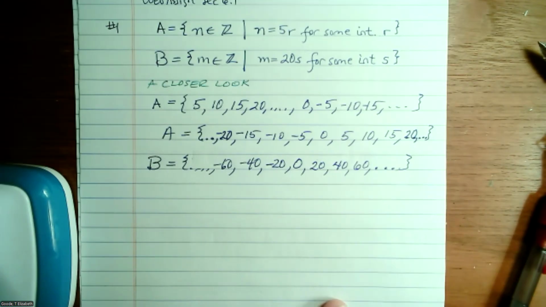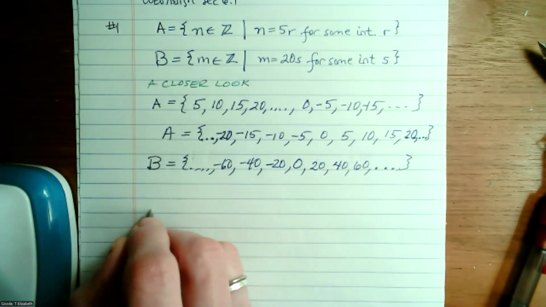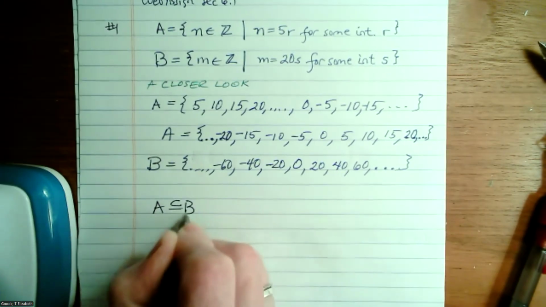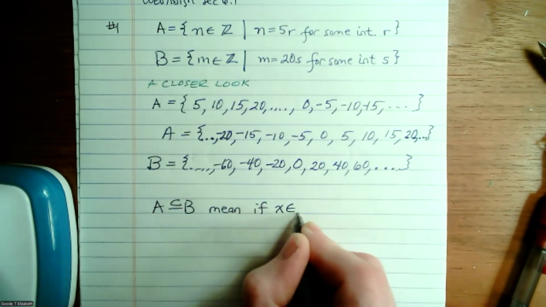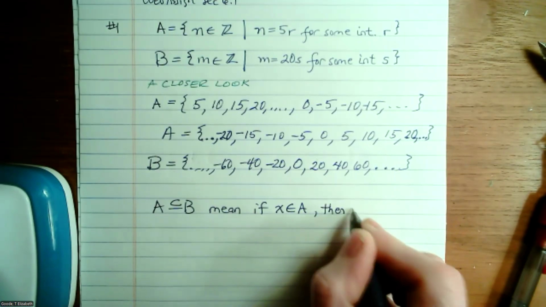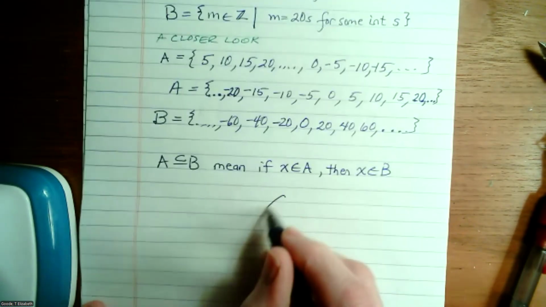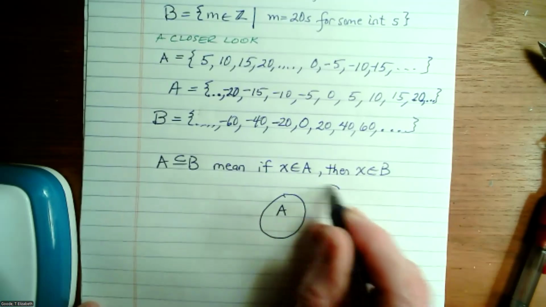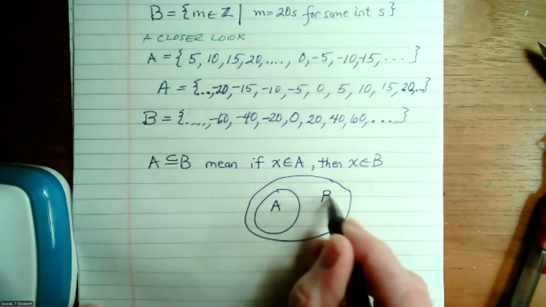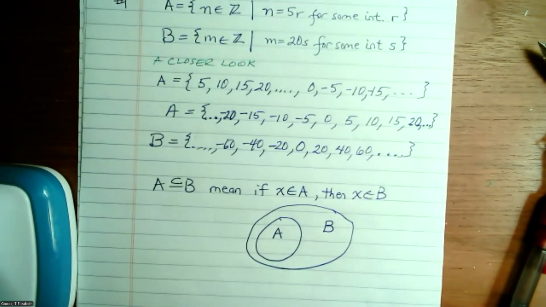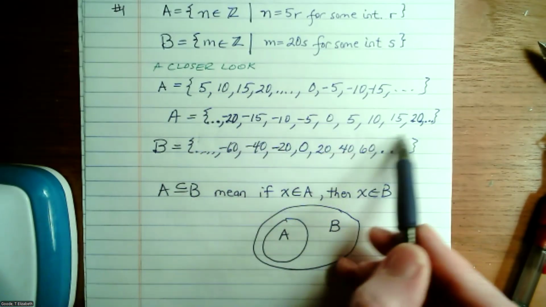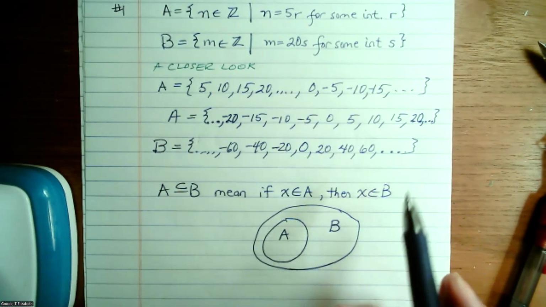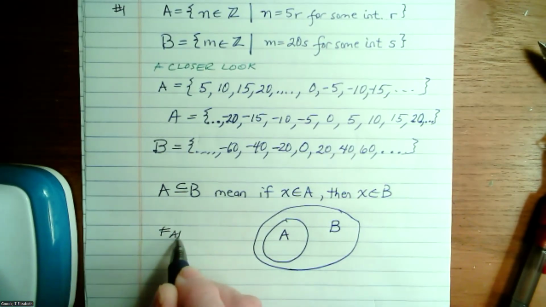But isn't it enough to have -20 and 20 in both sets to make A a subset of B? You have to go back and review our notes for what subset means: if x is in A, then x is in B. In other words, if we drew a picture, A as a set would live completely inside B. And there are lots of elements in A that aren't in B. It's false, right?